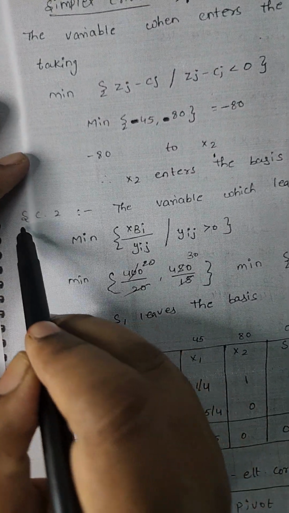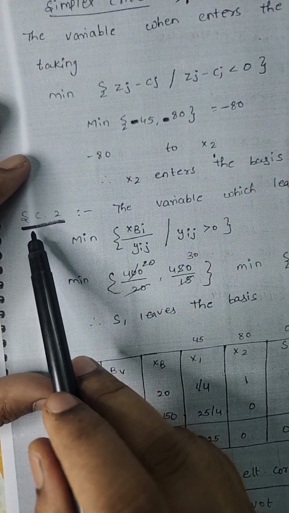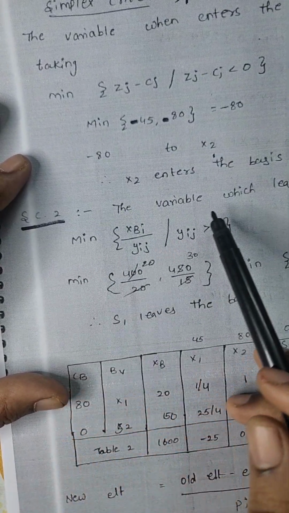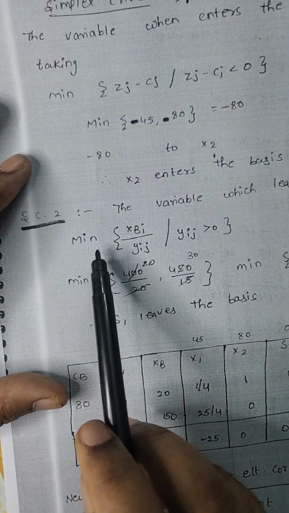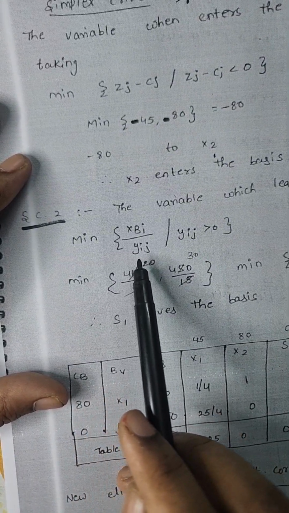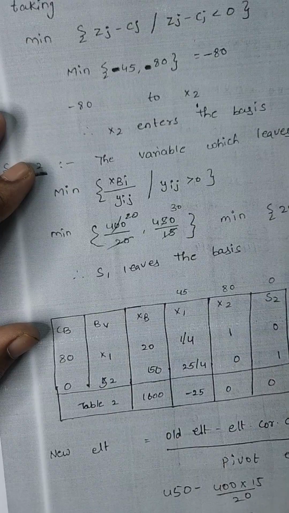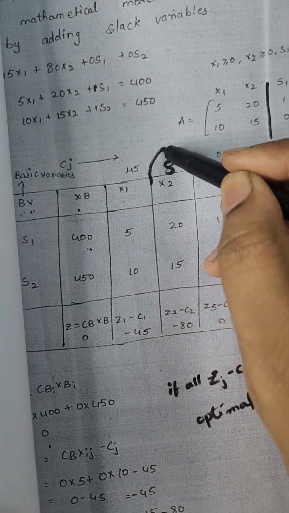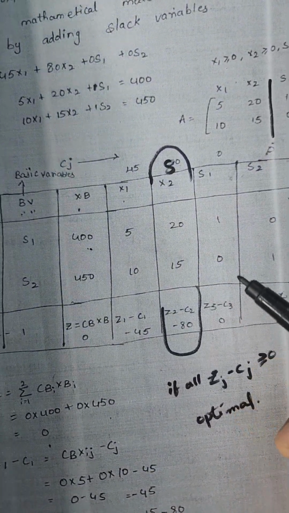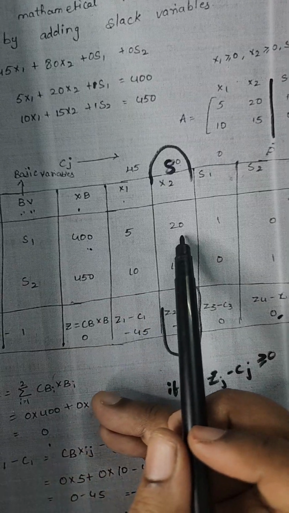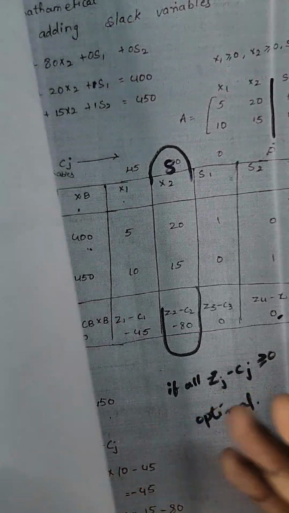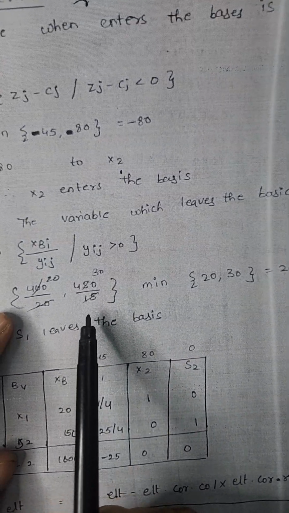Now we find the variable which leaves the basis by simplex criteria 2. So the variable which leaves the basis is obtained by taking minimum of xbi by yij such that yij is greater than 0. Because here x2 enters the basis, take the x2 column. So now take the minimum of 400 by 20 and 450 by 15.